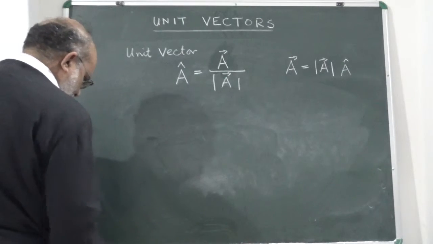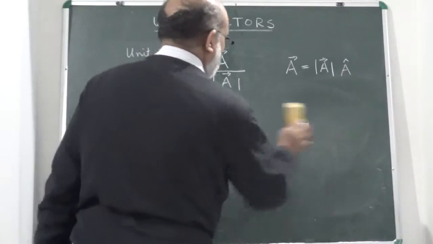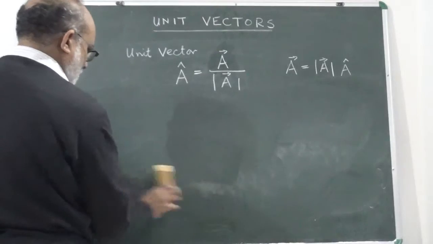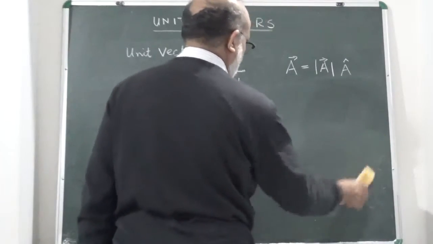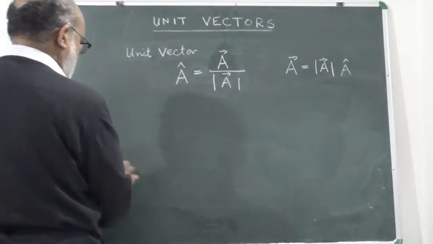So we usually take symbols of unit vectors along the x, y, z axis.